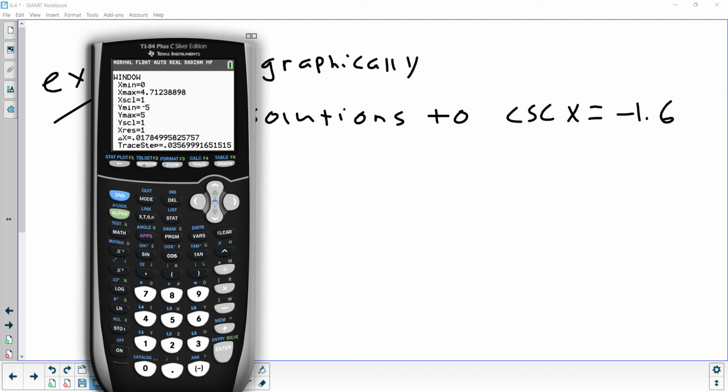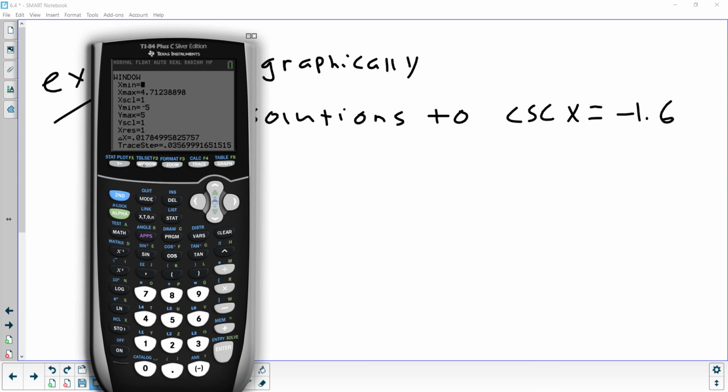The length of it. 2 pi over b. 2 pi over b, yes. And what's b in this case?